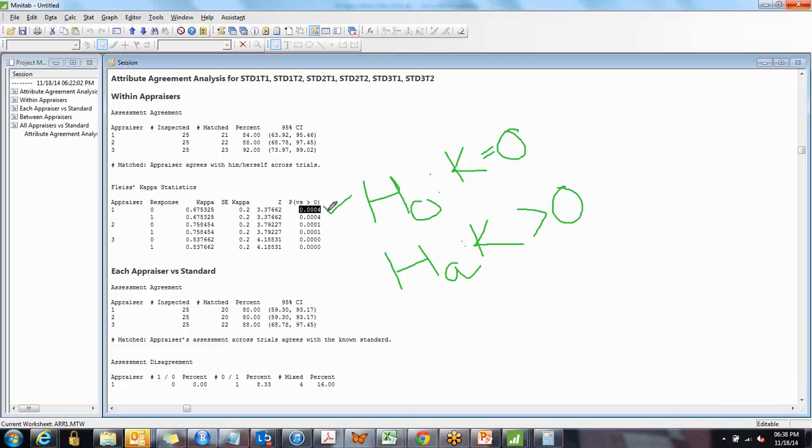If p is low, what do you do? Null goes, we reject the null hypothesis. So we are rejecting this and going with the alternate, which says the kappa value is greater than 0, and yes, it is greater than 0 here, 0.67. In that way, you can also look into the p-values and make some inferences out of that.